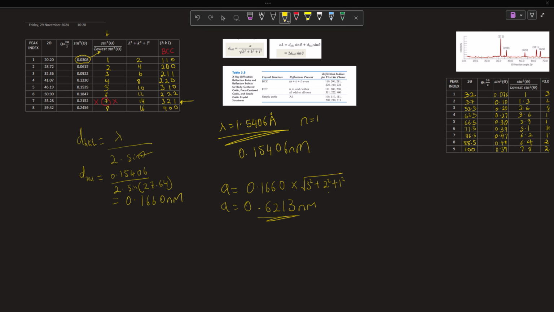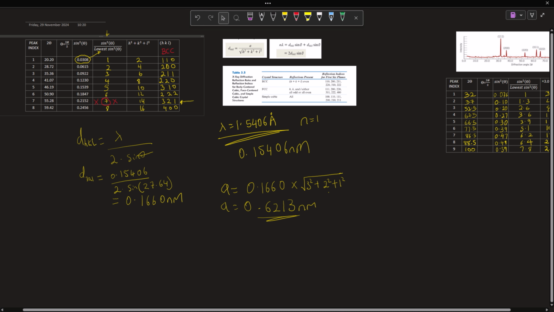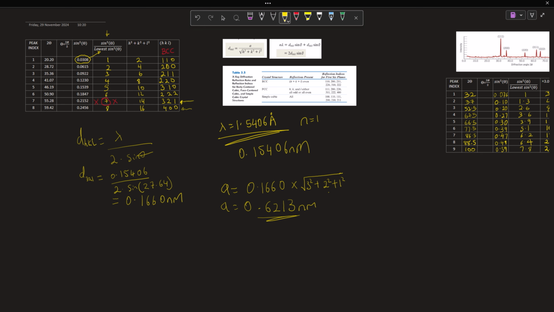Okay, so let's confirm. Since we solved for that, let's use another line. I think we should use 400 now to find our D and look for our A again. So using D400, lambda, which is 0.15406, over 2 sine of our theta.